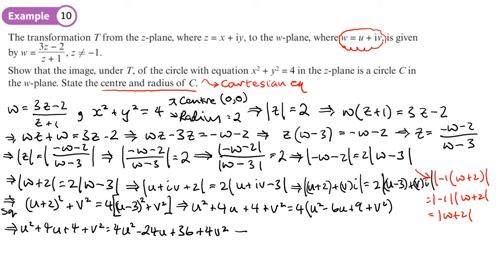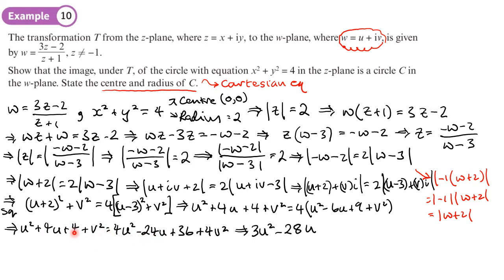Next step is going to be to collect together the terms. So I can see, right, I've got 4u squared, take away u squared, so that'll be 3u squared. If I'm basically bringing everything to this side. What else have I got? I've got negative 24u minus another 4u will be negative 28u.